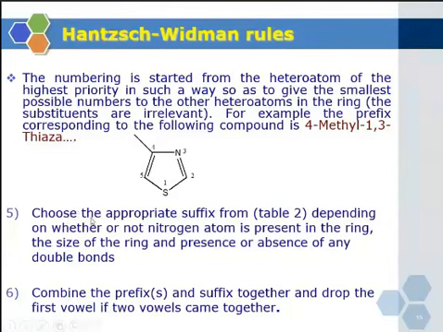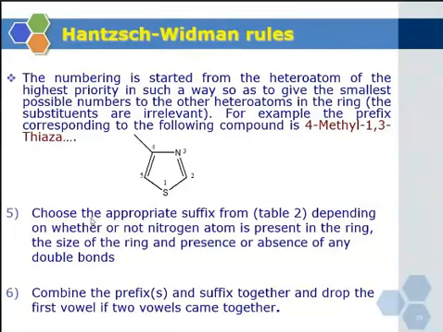Now, while doing the nomenclature, we have to choose the appropriate suffix from table number 2, depending on whether or not nitrogen is present in the ring. In addition, the size of the ring, and whether there is any saturation or unsaturation, or what degree of saturation is associated with the ring, also comes in the suffix part.